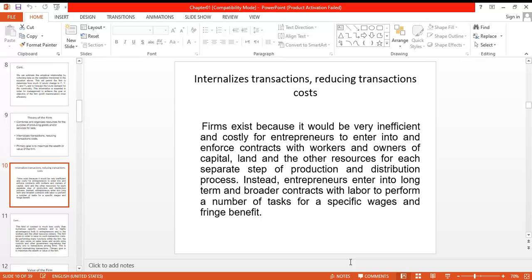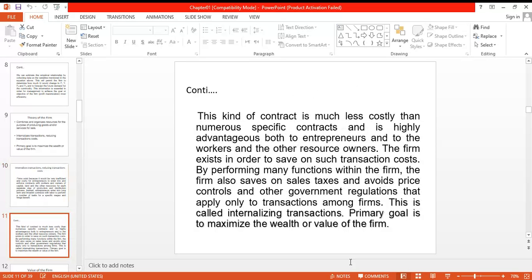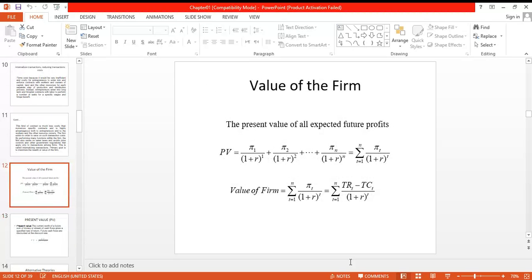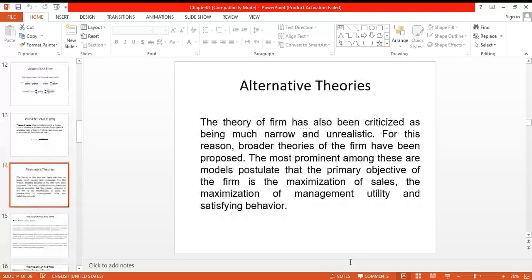No, you bring the resources inside the firm, and thereby you reduce the cost of production. Now, if you sign a contract with a resource, you sign a contract with a worker, this is way less costly than trying to enter into different contracts with different parties. All right, and thereby you are saving your costs and increasing your profitability.